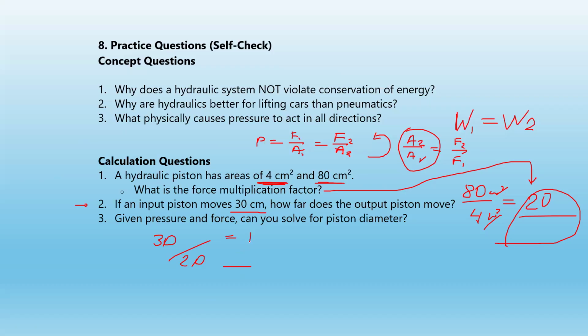That is going to give us 1.5 centimeters. Why? Because here's 30 centimeters, and the 20 has no unit, so we are left with centimeters. It moves less, because of those area differences and the multiplication factor.